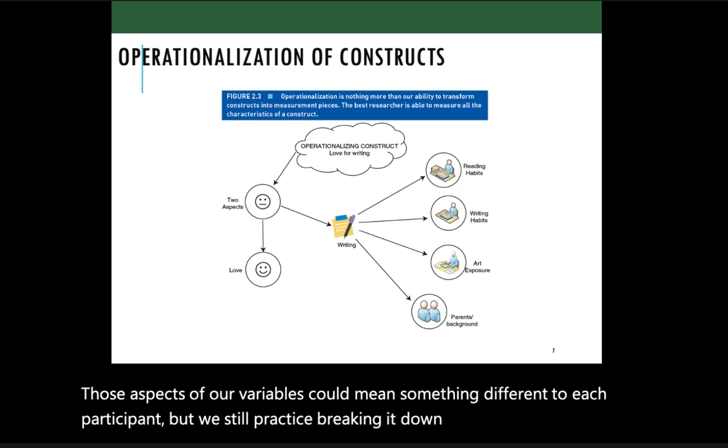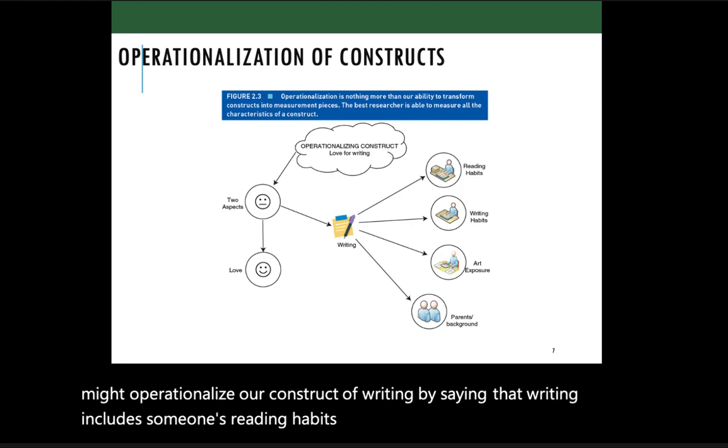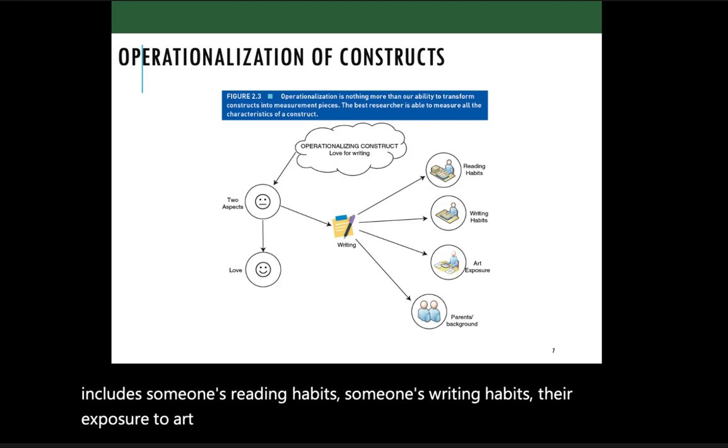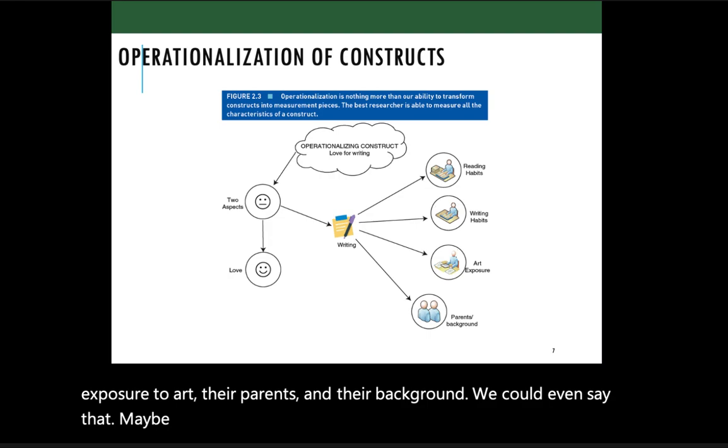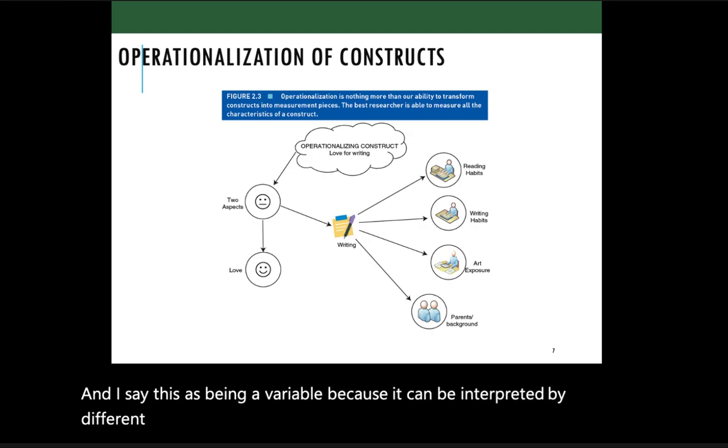So in this example, we might operationalize our construct of writing by saying that writing includes someone's reading habits, someone's writing habits, their exposure to art, their parents and their background. We could even say that maybe their education falls under this operationalization of writing. And I say this as being a variable because it can be interpreted by different people in different ways.